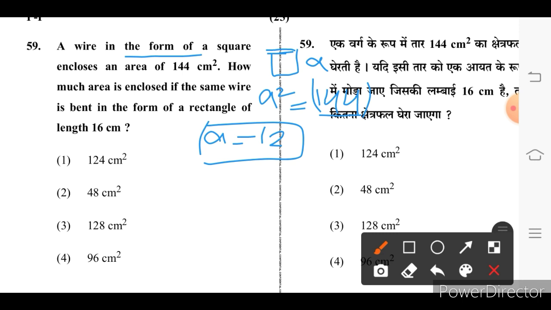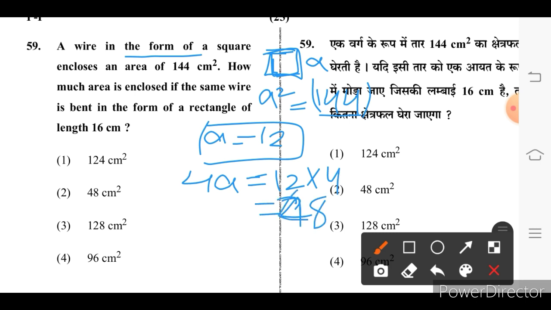And we find the perimeter of this square. What is the perimeter formula? 4a, 4 into side. So 12 into 4, 12 fours are 48. So 48 is the perimeter.